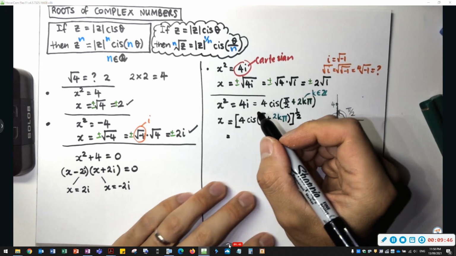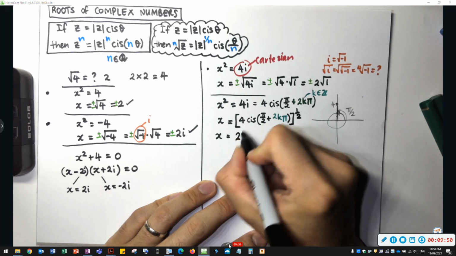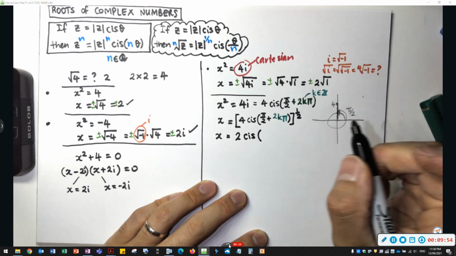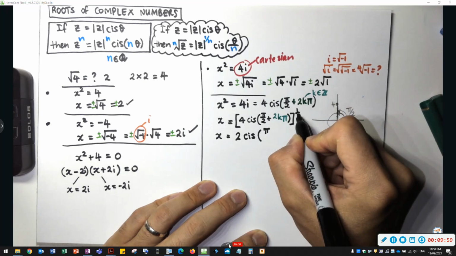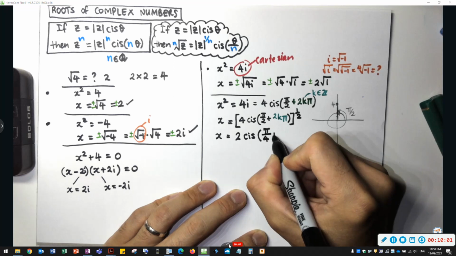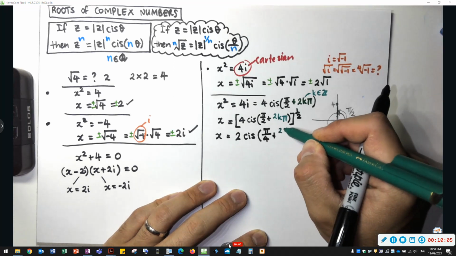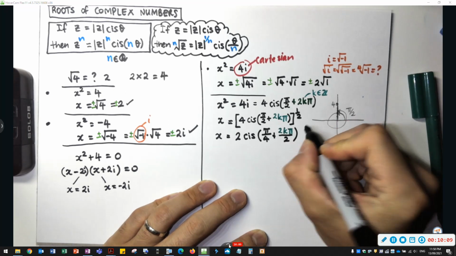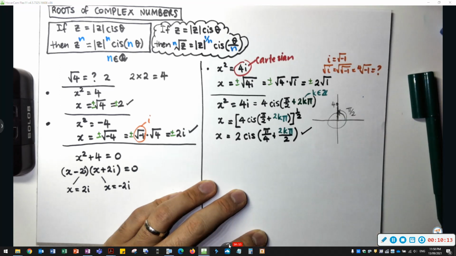So the answer should be 4 to the half, which is 2. Okay, so square root of 4. And then the arguments all get divided by 2. Okay, so pi on 2 divided by 2 is pi on 4, and then I've got 2k pi divided by 2. Okay, so that's my answer in polar form.